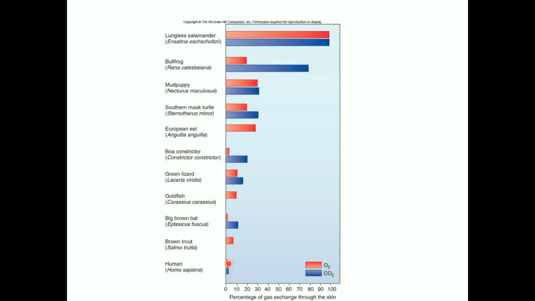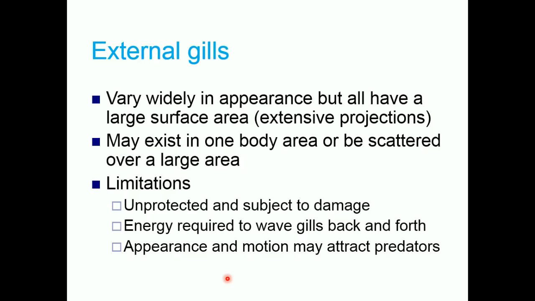Less than 5%. We take up a little bit of oxygen through skin, and we get rid of a little bit of carbon dioxide as well. All right, so skin is an important respiratory surface in many different animal groups.